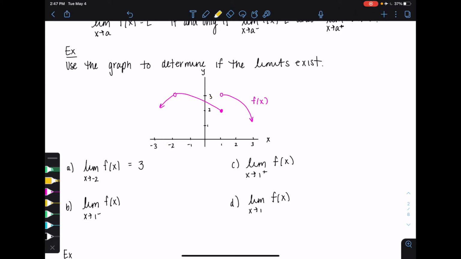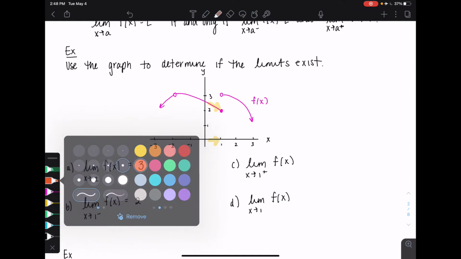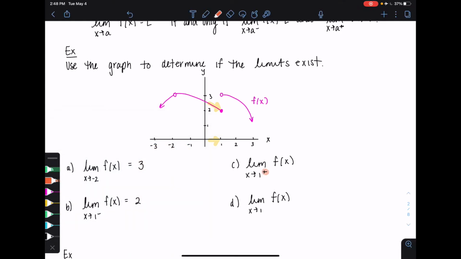we have one-sided limits. So we're approaching 1 with that minus sign indicating the left. So I'm picking numbers that are smaller than 1. And if I trace the graph here, those y values are getting closer and closer to 2. Okay. Now if I change my side and I put this plus, that tells me bigger than 1.